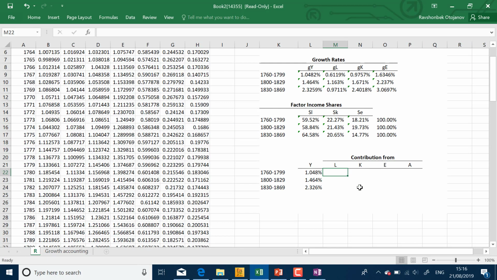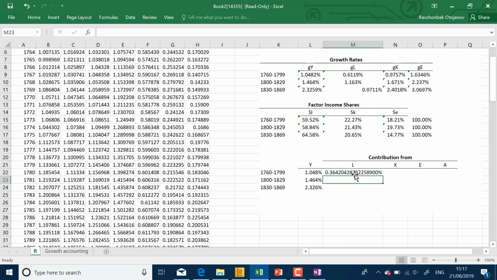So contribution from L is basically GL, I should say, is the growth rate of labor for that period times the share of L in factor income in that period, hit enter.